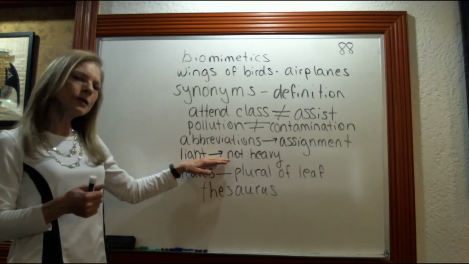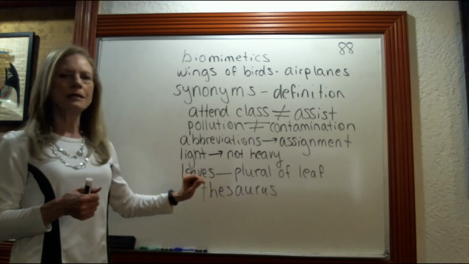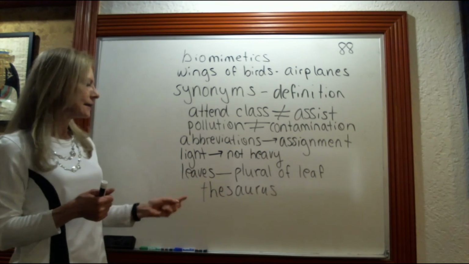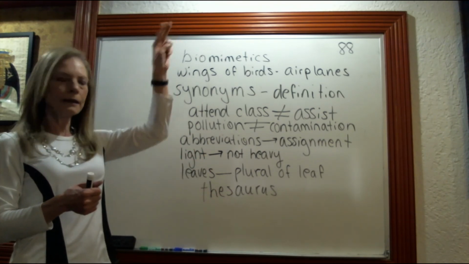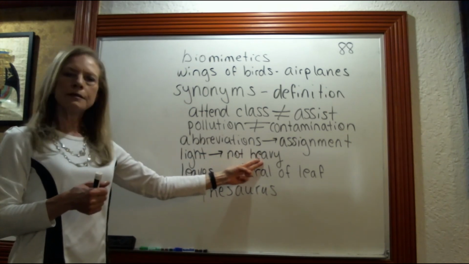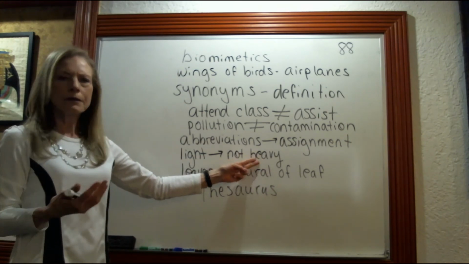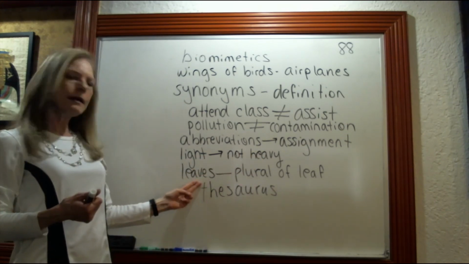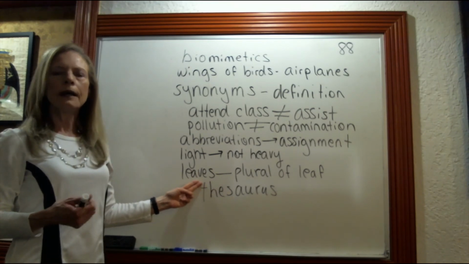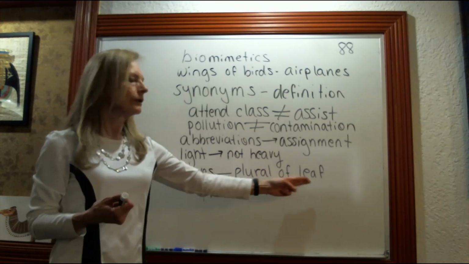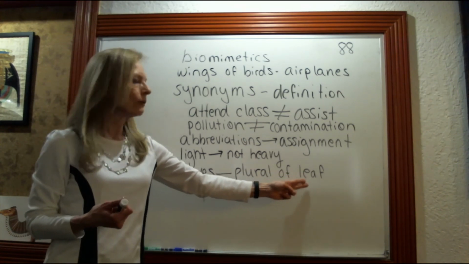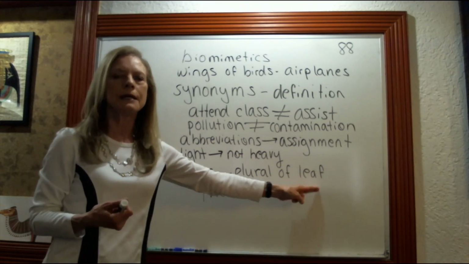Then we'll also talk about how words can have so many definitions, so many meanings. So light can be a light. There's a light on. Okay, but it can also be not heavy. So lots of different meanings. Now, leaves can be a verb, right? I leave, you leave, depart. But it can also be the plural of leaf, where we change that F to a V-E-S.